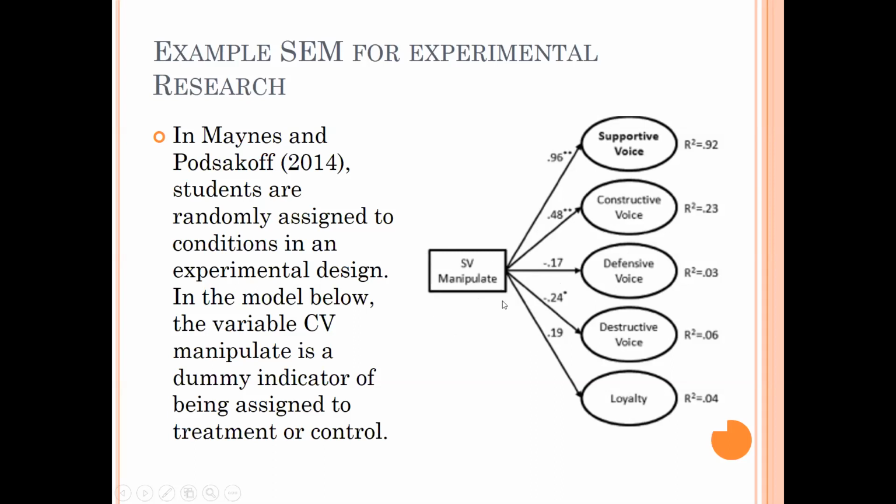The effect of that manipulation was estimated on these latent variables: supportive voice, constructive voice, defensive voice, destructive voice, and loyalty. So this is an example of SEM for experimental design. The advantage of SEM for experimental design is that you are able to estimate effects of treatments on latent variables. So that's the introduction to structural equation modeling.